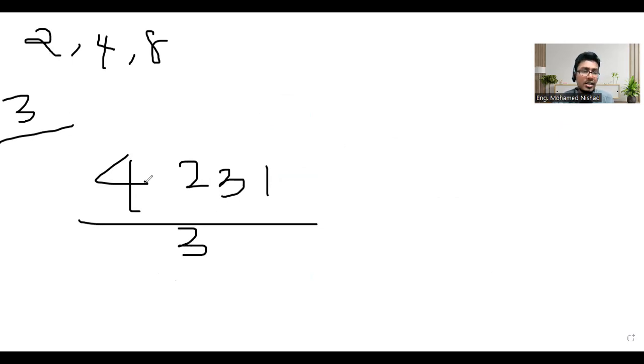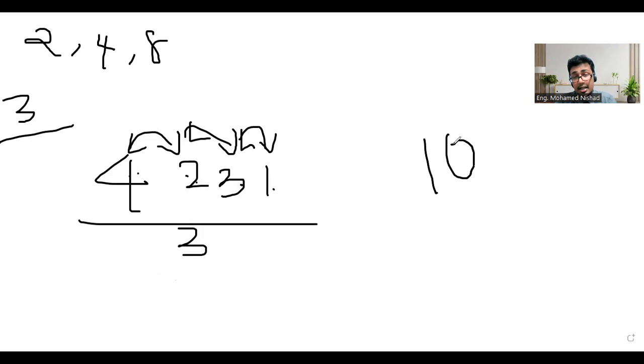We have to add all those digits together, like 4 plus 2 plus 3 plus 1, and check whether that sum is divisible by 3. 4 plus 2 is 6, 6 plus 3 is 9, 9 plus 1 is 10.